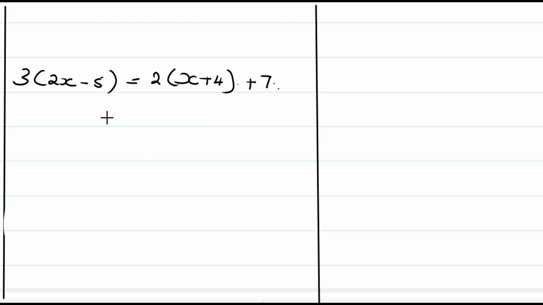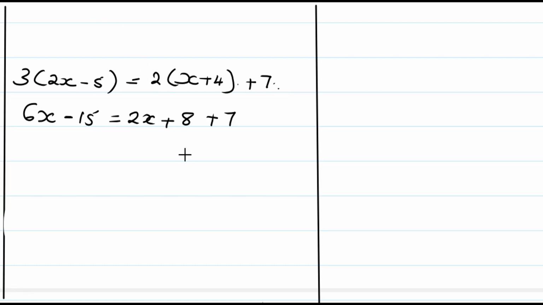So as usual, the first step is to open the brackets, and in this case we take 3 multiplied by 2x, which is 6x, then minus, because we have a negative here, 3 multiplied by 5, which is 15, is equal to 2 multiplied by x, which is 2x, then plus, because we have positive here, 2 multiplied by 4, which is 8, then plus 7. This 7 is outside the bracket, so we don't multiply it by 2.